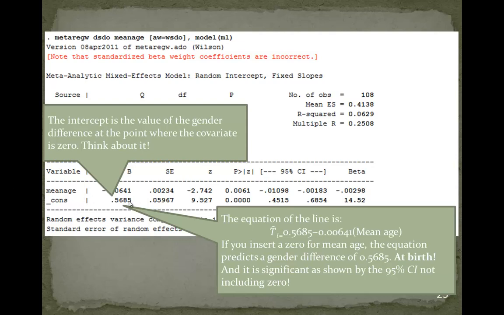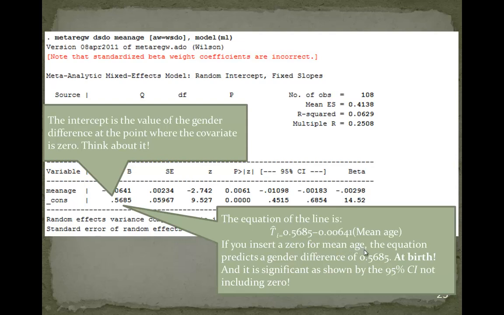The constant is the first in my equation, and I'm going to subtract, in this case, the value minus 0.00641, which is mean age, and you multiply that times the age you're trying to estimate. So if you insert a 0 here in the mean age category, of course it reduces to 0.5685.